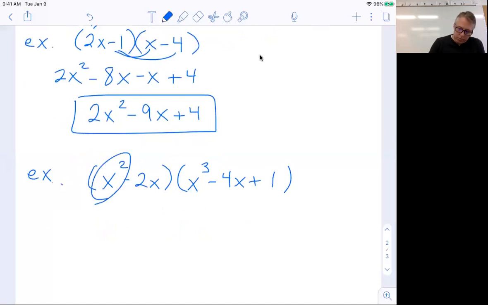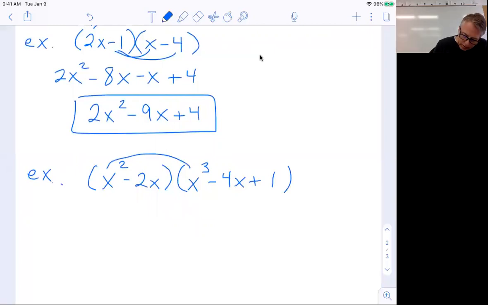I have to just multiply x squared by this, this, and this, and then I have to multiply negative 2x by this, this, and this. So I'm going to have a bunch of terms there. It's going to get a little messy, but as long as I'm methodical and I keep it organized, I should be in good shape. We have to remember our rules of exponents when I start off.